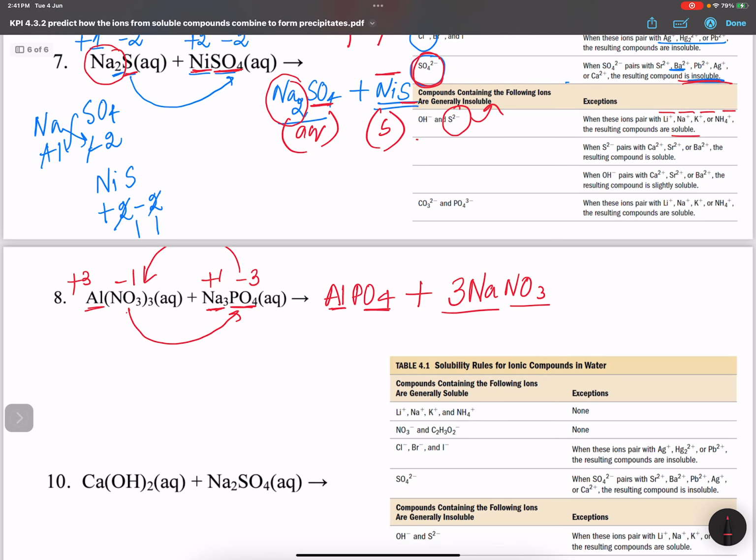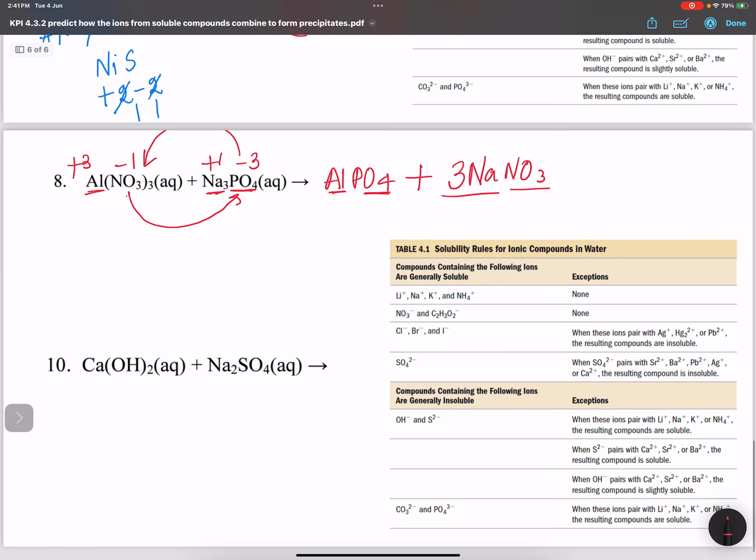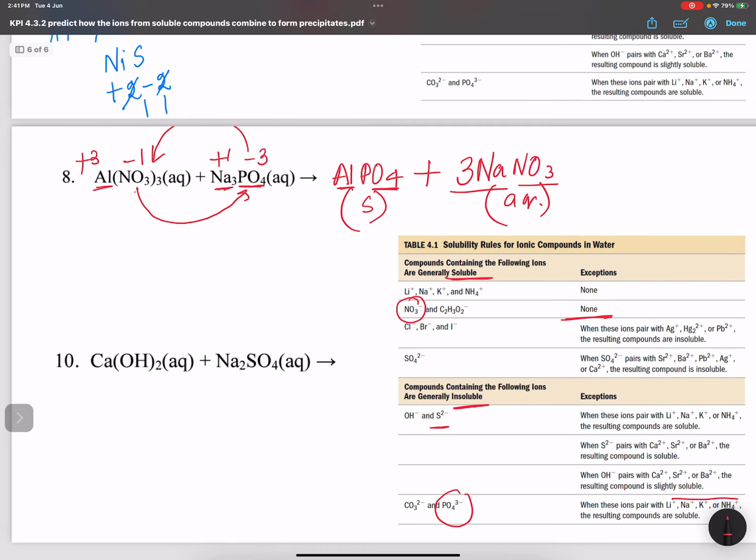All right, now the equation is balanced. PO4 is insoluble when it is not with any one of them, so it is insoluble. So this is going to be my solid. NO3 is here, they are all soluble, there's no exception, so it will be my aqueous.